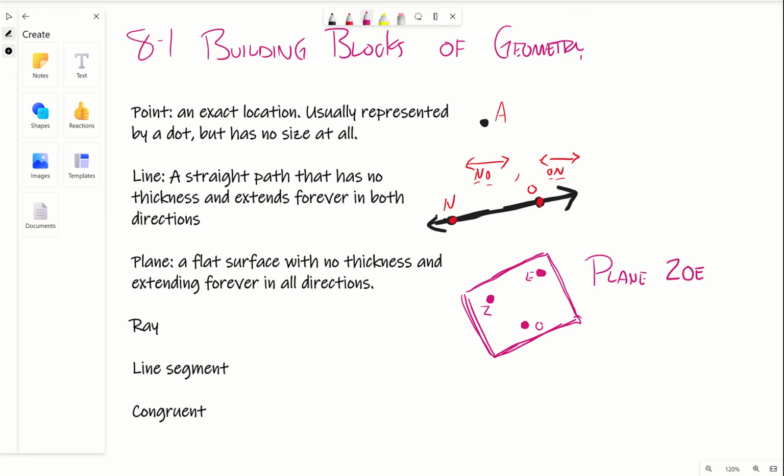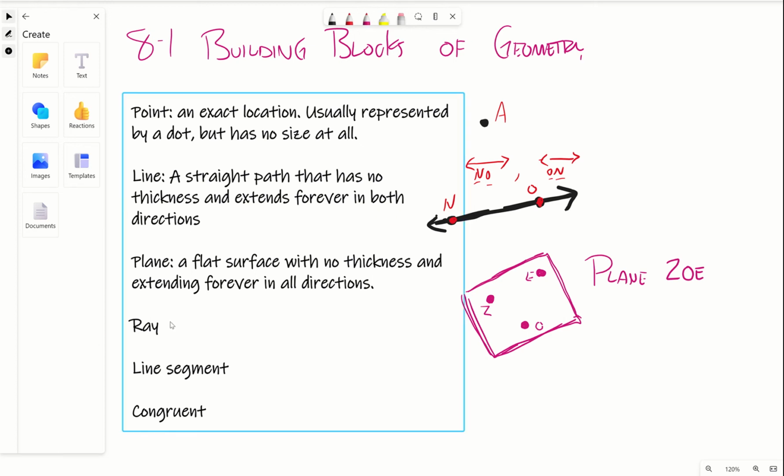This plane is just named after 3 points. Doesn't matter what order they're in, just 3 points on that plane, and that names our plane. So the plane is just called by 3 points that exist within it. As long as those points aren't on a straight line, use any points you want that exist on a plane.